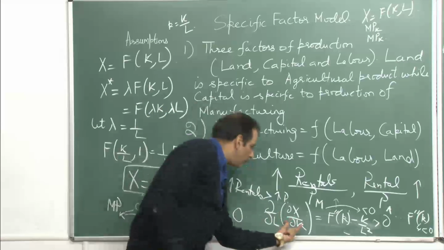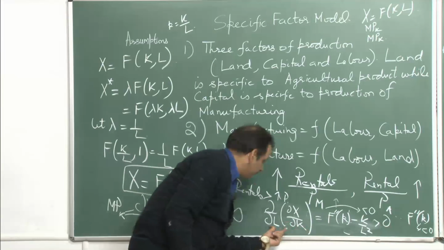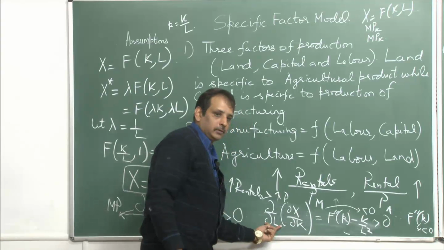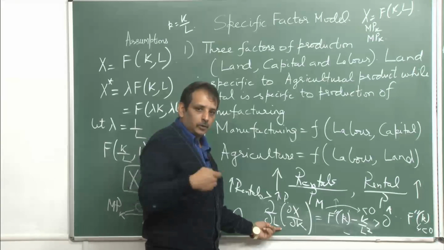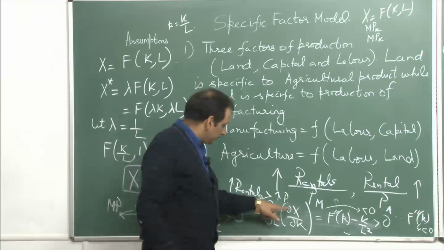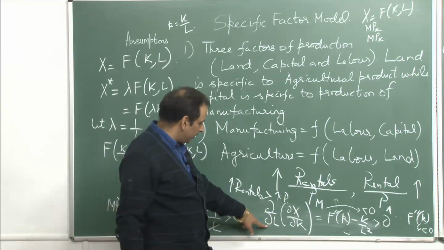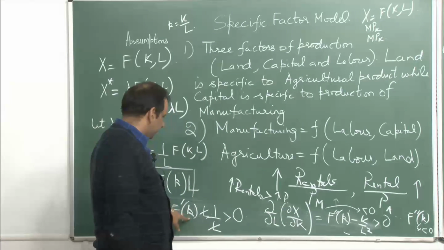Now, what happens to marginal productivity of capital if labor comes in? That is what we are trying to analyze. You increase manufacturing, so more labor comes in to support the capital. So, del by del L of del x by del k, and del x by del k is f dash k.